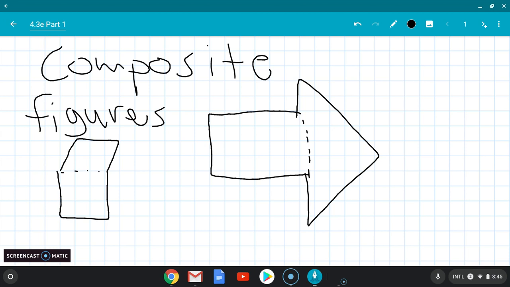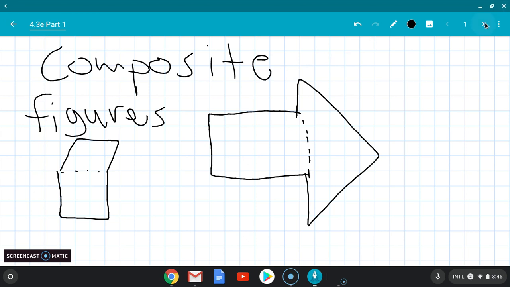So today we're going to be trying to find the area of composite figures. You are going to draw on the area formulas you know already. We're not going to be learning any more formulas. We're just learning how to recognize which ones we need and put them together to find the area.